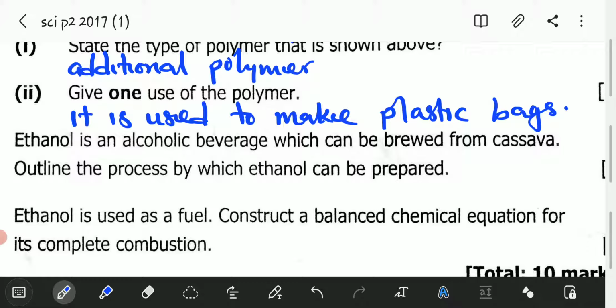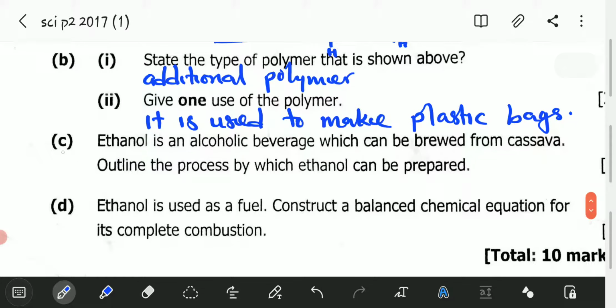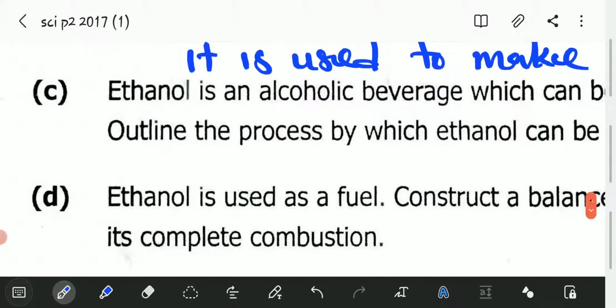I will not write everything for question C1C, but I will give and highlight everything that is needed in your answer. It is purely due to availability of space, because these questions are usually answered on a separate answer sheet or booklet.